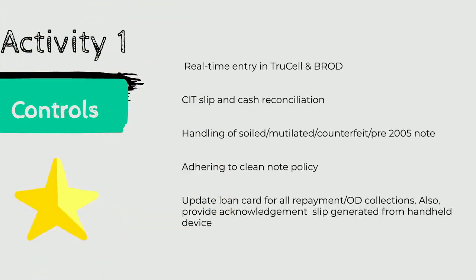The control factors under this activity can be real-time entry in TrueCell and PROD, CIT slip and cash reconciliation, handling of soiled, mutilated, counterfeit or pre-2005 notes, adhering to clean note policy, update loan card for all repayment or overdraft collections, also provide acknowledgement slip generated from handheld device.